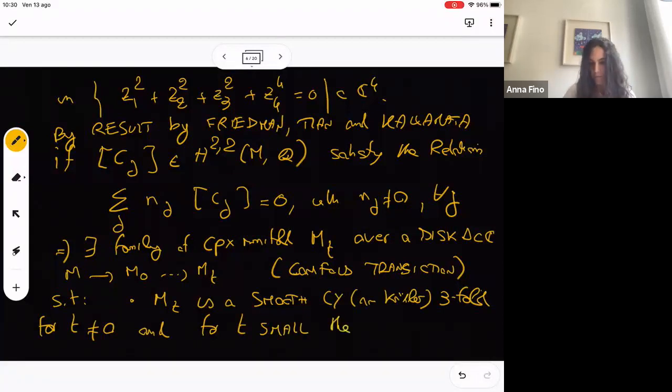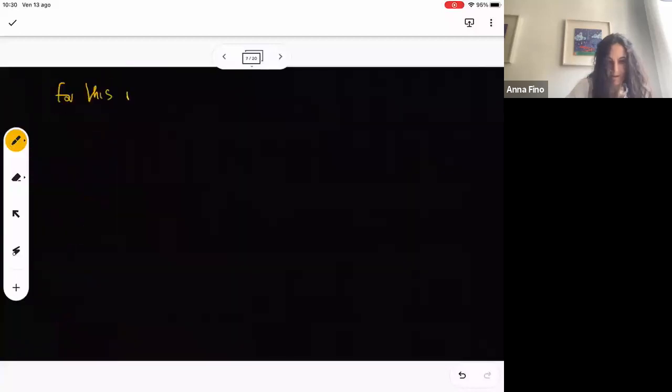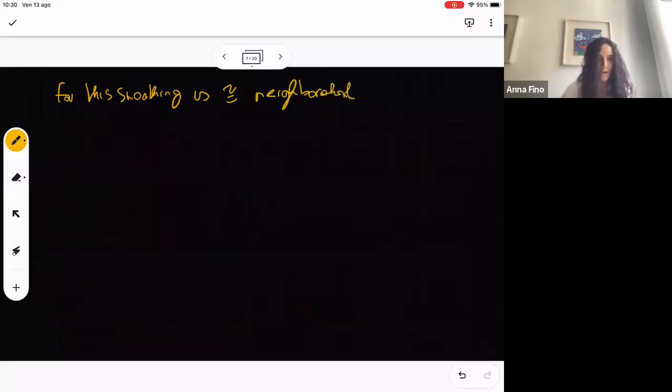The local model for this family is isomorphic to a neighborhood of 0 in the locus that we wrote before.